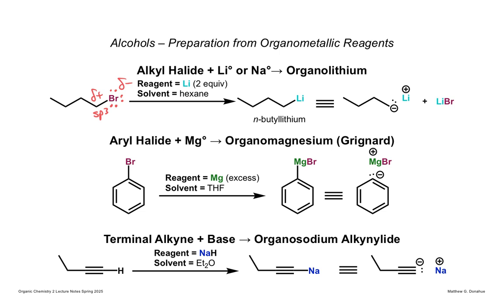So it turns out that if you take lithium metal, two equivalents of that, and notice the solvent is hexane, so it's inert. You take the bromobutane, dissolve it in hexane, and add lithium metal.